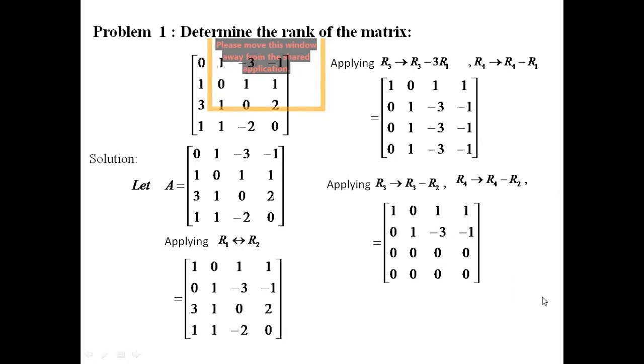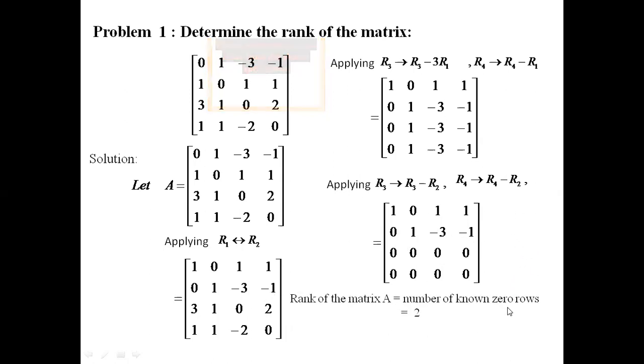This is a 0 row, this is 0. So only 2 non-zero rows are there. So the rank of this matrix is nothing but the number of non-zero rows, that is equal to 2. Like that, you can find the rank of a matrix. It is a very simple concept you studied earlier in your UG classes. Once again you are repeating this, right? That is how to get the rank of a matrix.